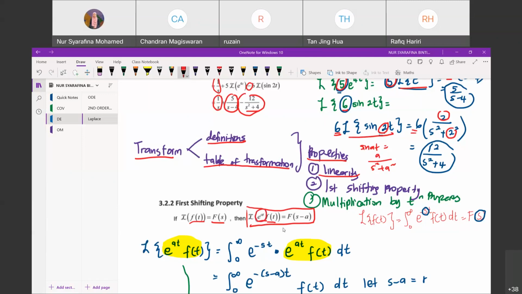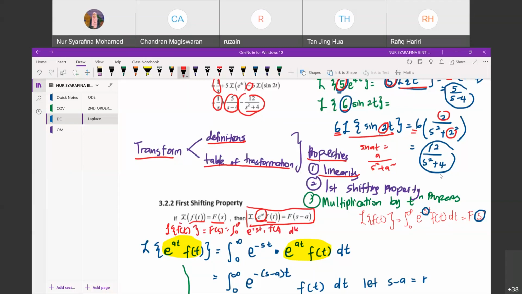Let's prove this. If you have f(t), the transformation F(s) gives you the integral from 0 to infinity of e to the power of minus st times f(t).